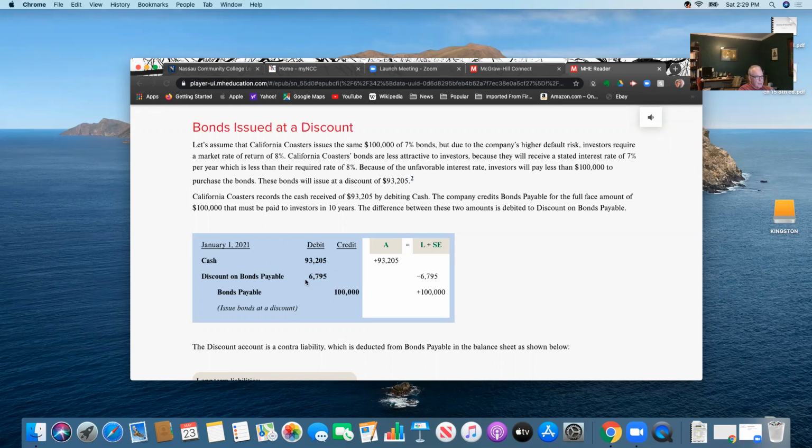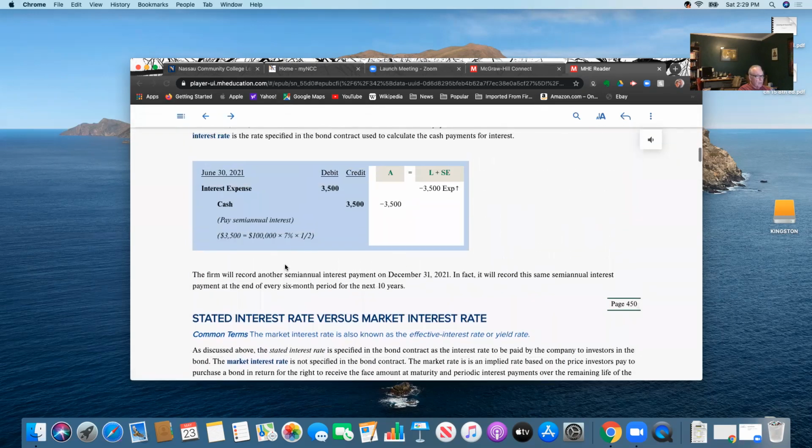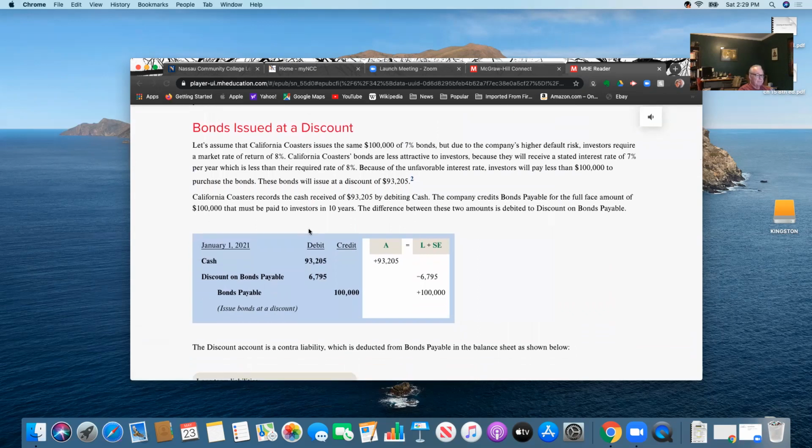So we're going to take the $6,795 and we're somehow going to add this to interest expense every year. Remember, interest expense was $3,500? Well, when bonds are sold at a discount, the interest expense is going to be more than $3,500. Right? We'll go through the calculation, but just so you understand.